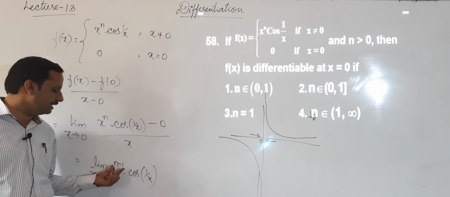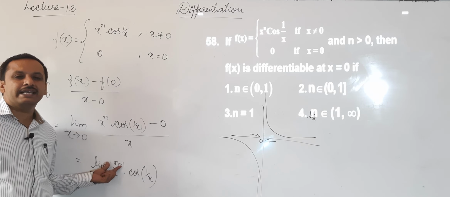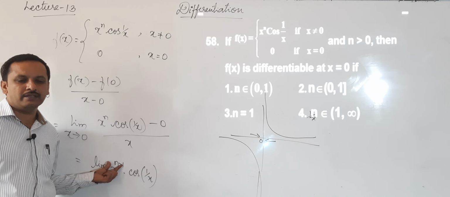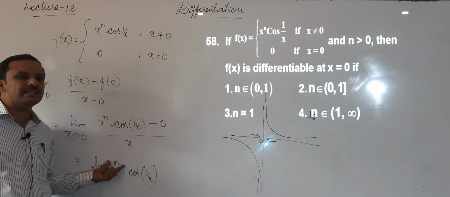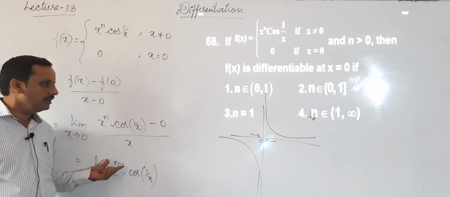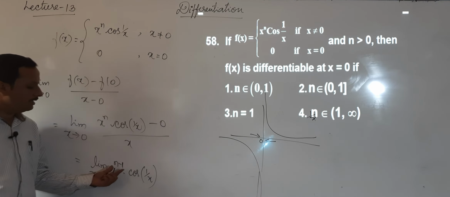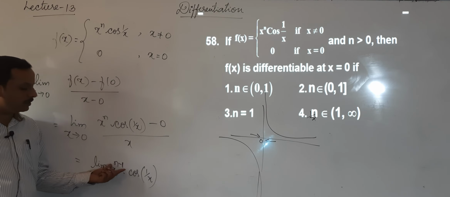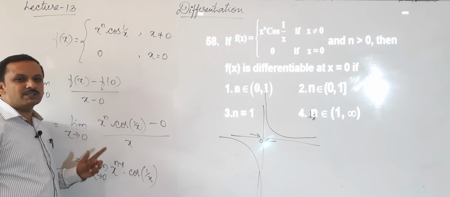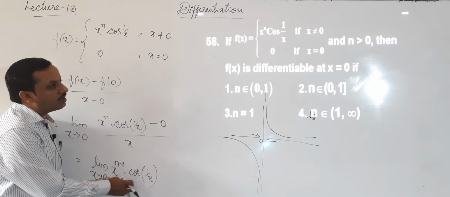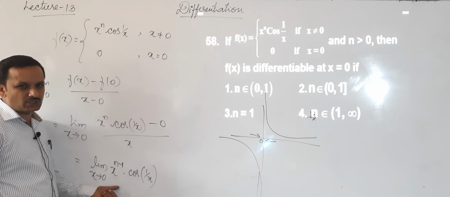Limit will exist if n minus 1 is greater than 0. Because if n minus 1 is 0, then x power 0 is 1 into cos of 1 by x. So you get cos of 1 by x, and that limit does not exist.